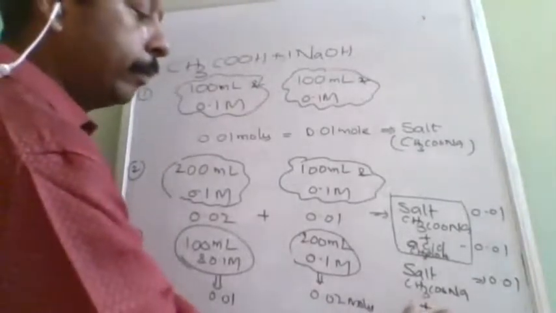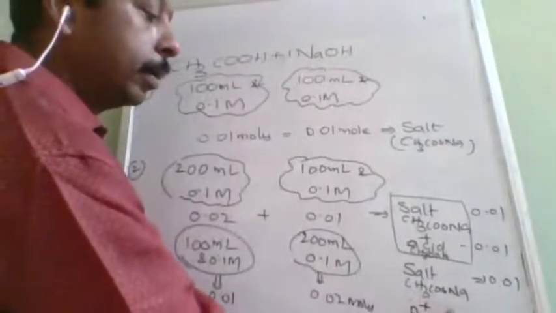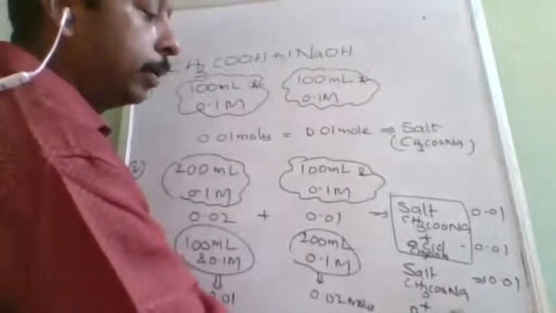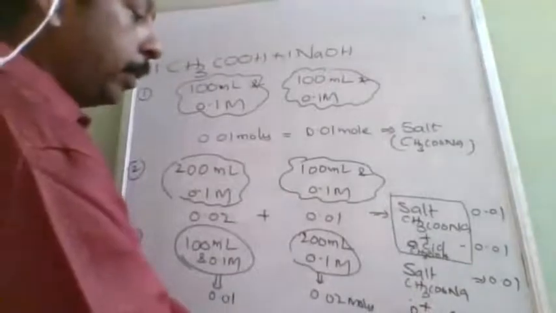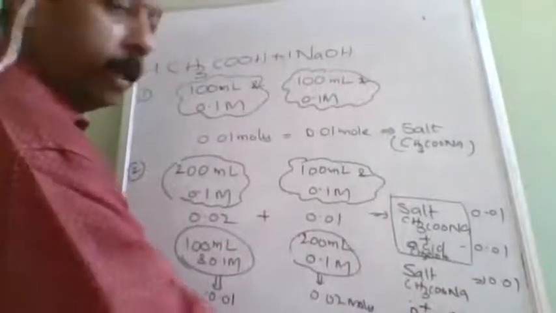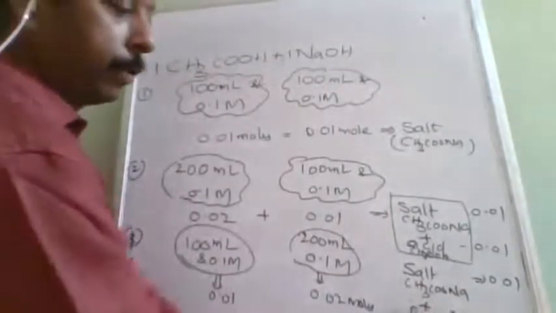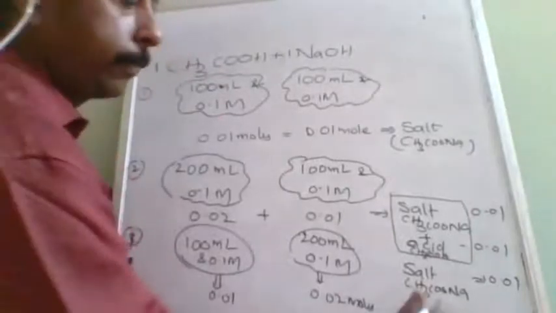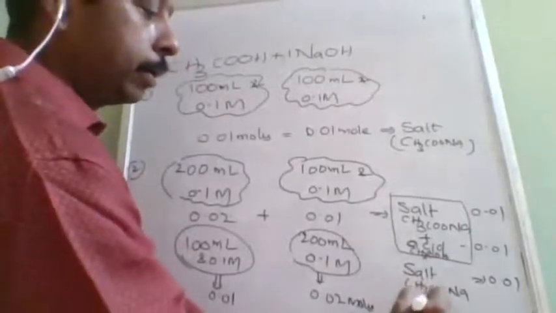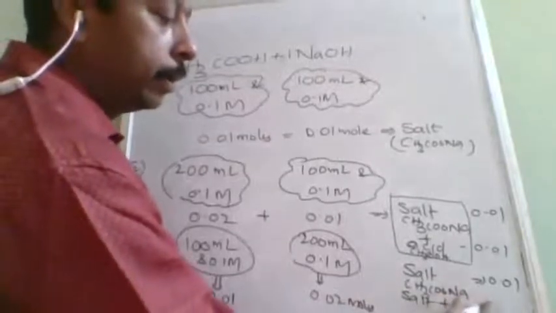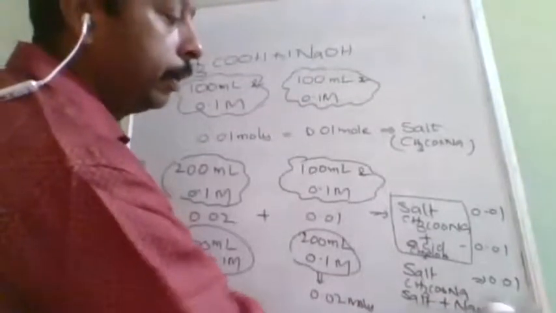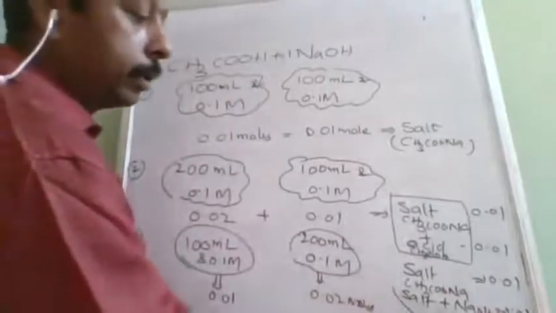Salt plus base, which is a strong base. Both are strong. Salt with a strong base can never be a buffer. So what will be left over? NaOH will be left over, and salt will be formed, which is also 0.01.